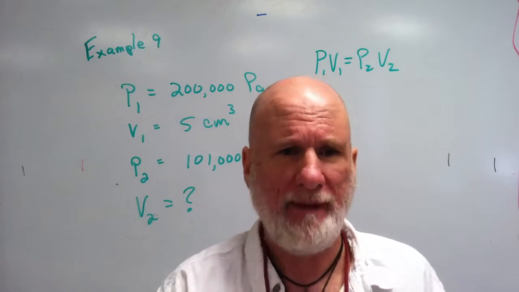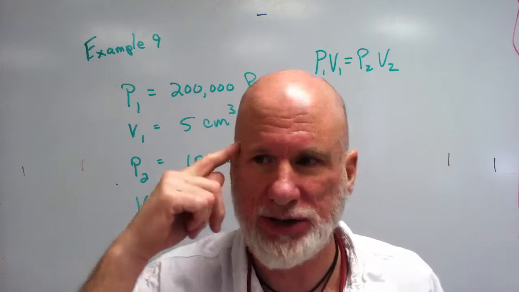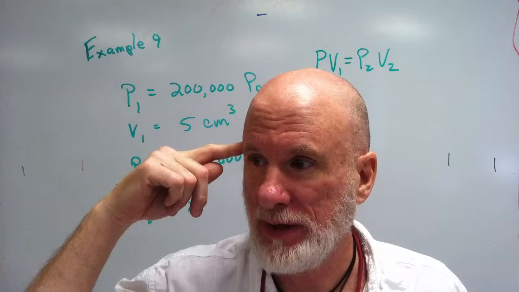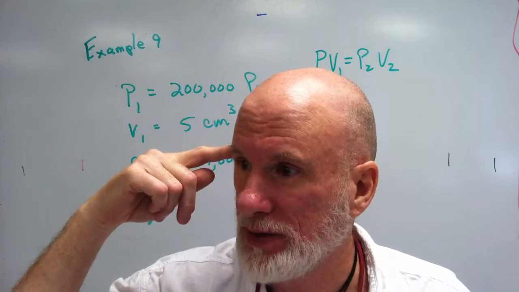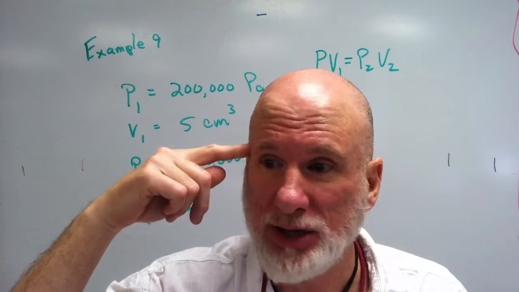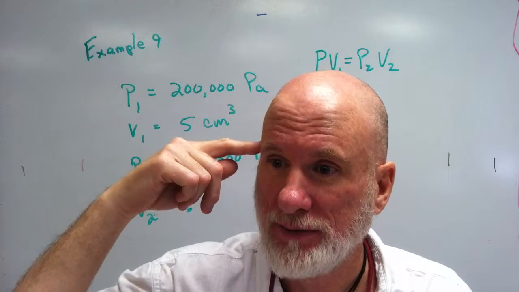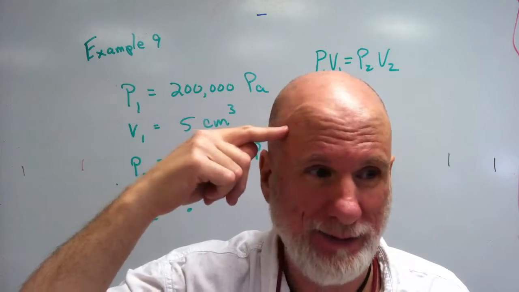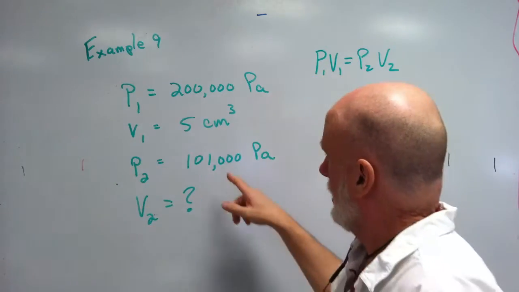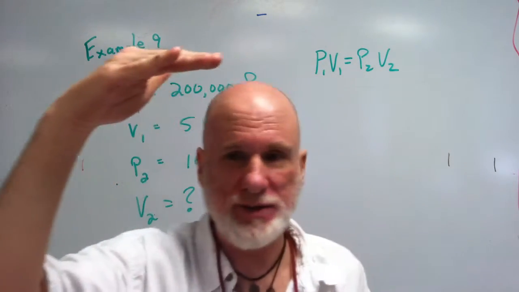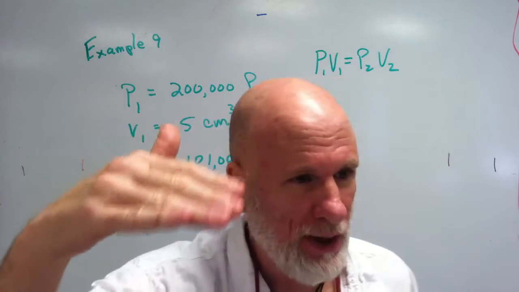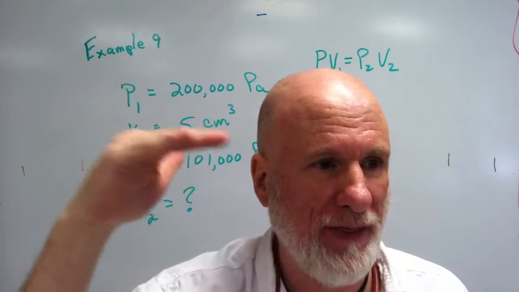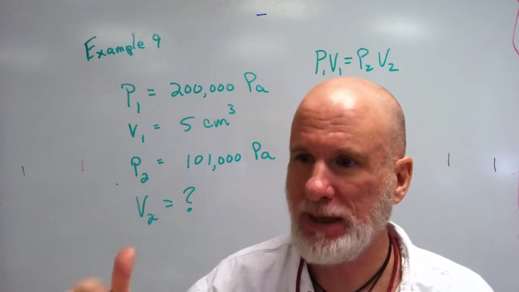Understand this: if I want the answer in cubic centimeters, you put the answer in cubic centimeters. But if I want the answer in cubic meters, you have to convert from cubic centimeters to cubic meters. Keep that in mind. Now, when it hits the surface, it's going to have a pressure that's less, and that pressure is going to be 101,000 pascals.